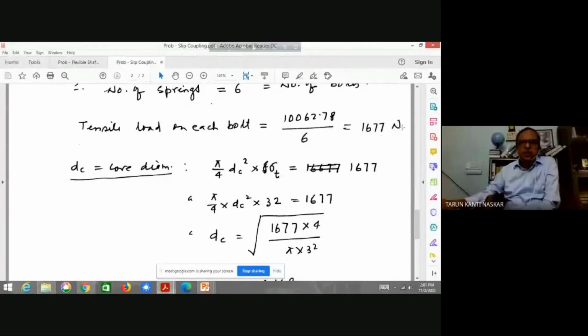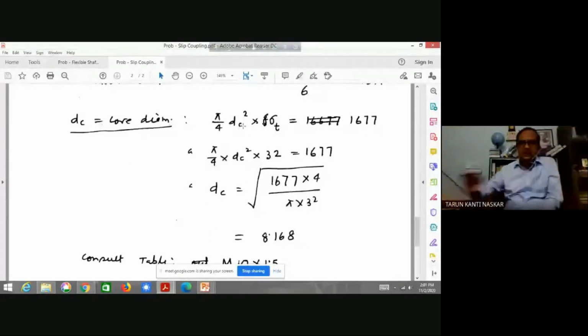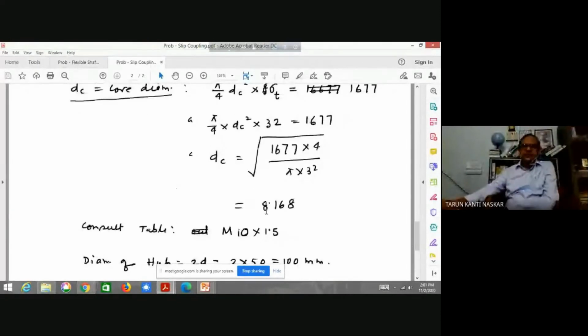And for the core diameter of the pin, pi by 4 dc square is the area, so the load is pi by 4 dc square into sigma t. Sigma t is the allowable value. So from that dc is 8.168 millimeter.